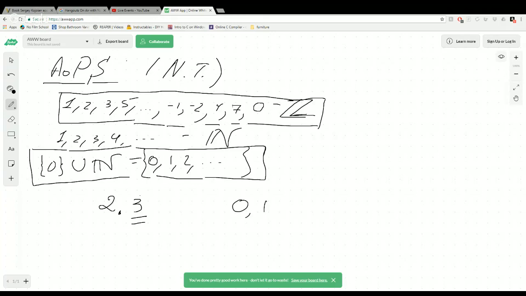So I add a 1, I get 1. I add a 1, I get 2. I add a 1, I get 3. There is no way I could reach this number by starting from some natural number and counting up or down in terms of ones. So this cannot be an integer. Okay, so the numbers that have at least one digit after the decimal point are not integers.